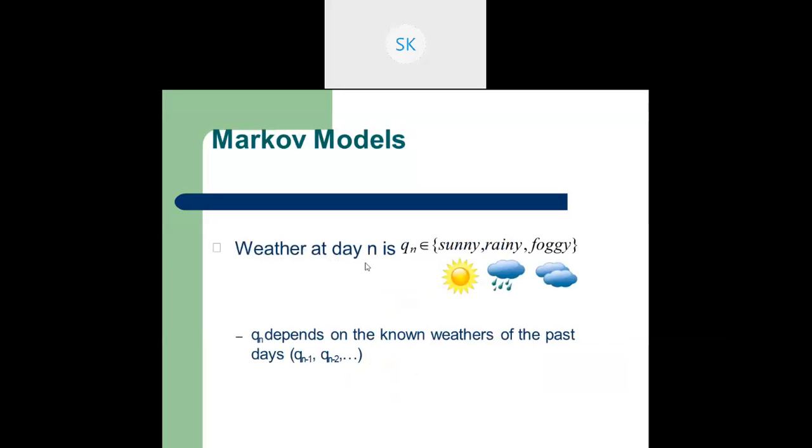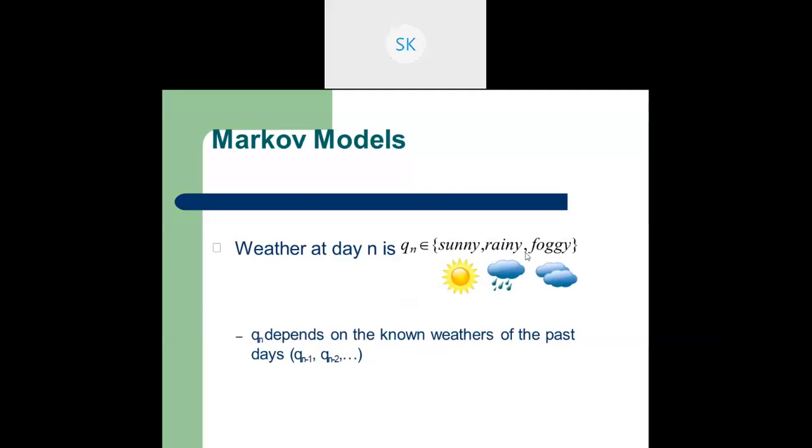So the weather on day n, qn, is equal to sunny, rainy, or foggy. We have these three weathers, which we term qn, with respect to a particular day, out of n days total.